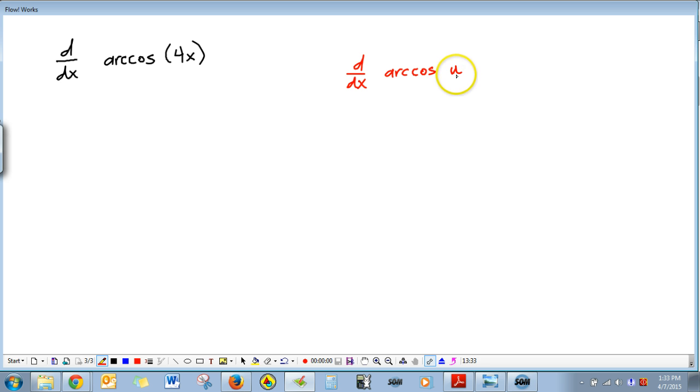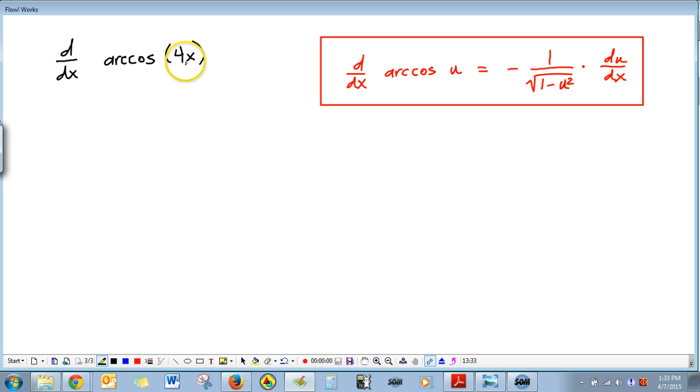So the arc cosine of u, which is some function of x, is close to arcsine. It's just negative. 1 over the square root of 1 minus u squared times the derivative of the function inside. So times du dx.